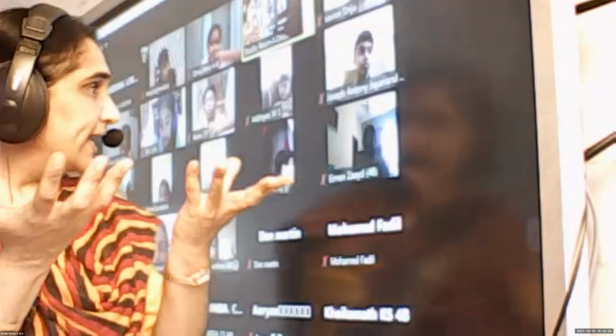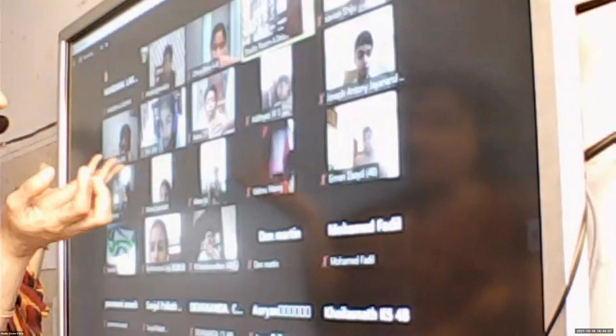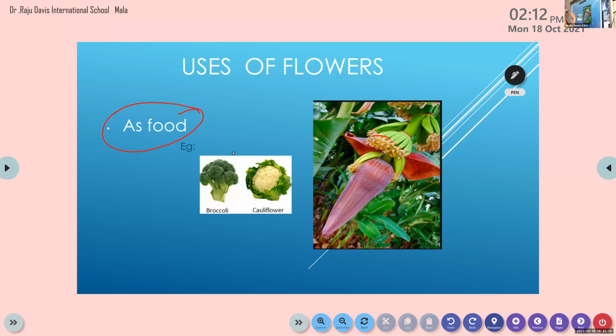Yes or no? Yes, ma'am. Okay, but these also are flowers. Banana flower, broccoli, cauliflower. These also are the flowers of those plants which are edible, which we can eat.